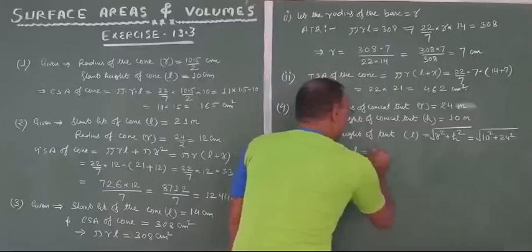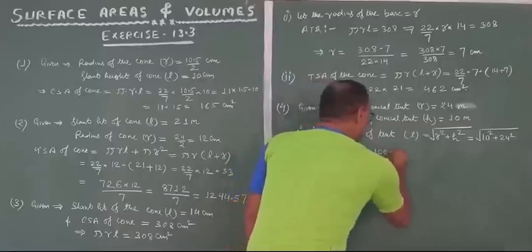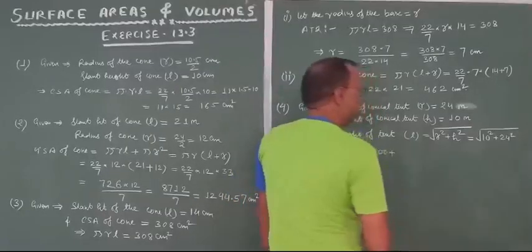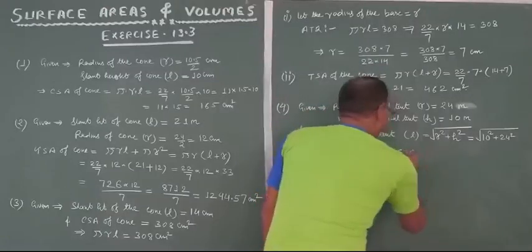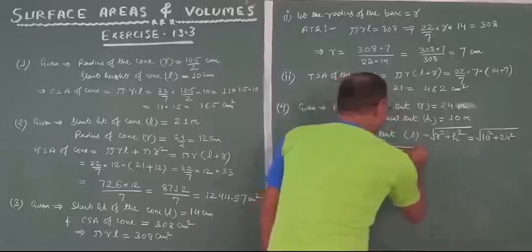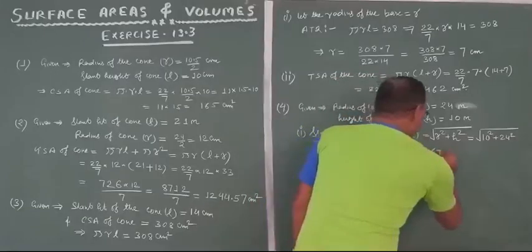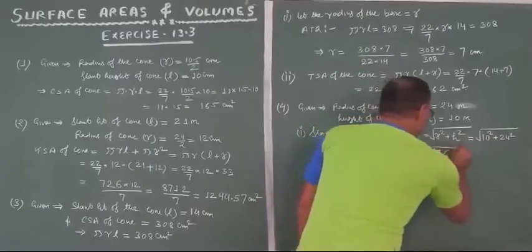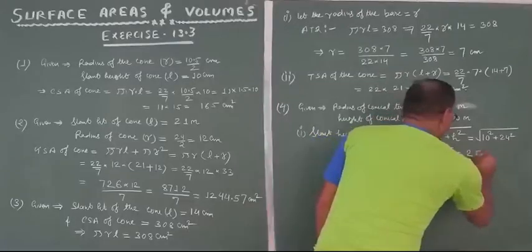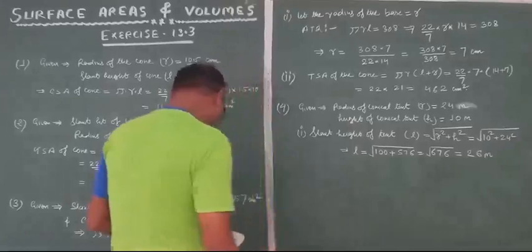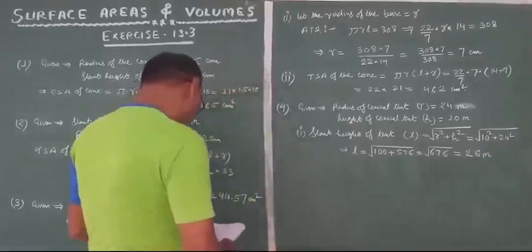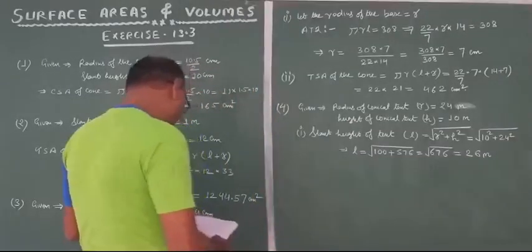L is 10 square is 100 plus 24 square is 576. Add them, you will get 600, and when you will solve this, you will get 26 meter. So what is the slant height of the tent? That is 26 meter.